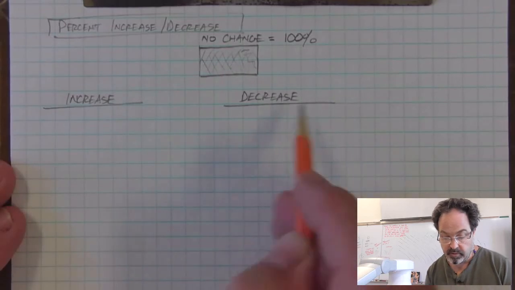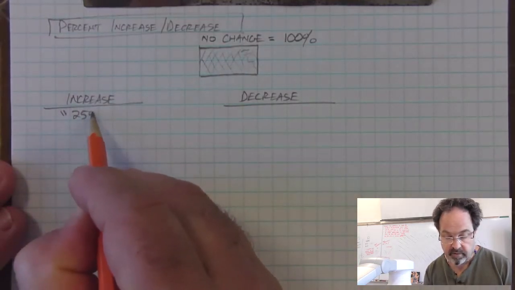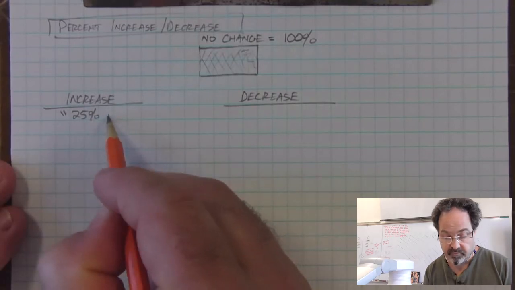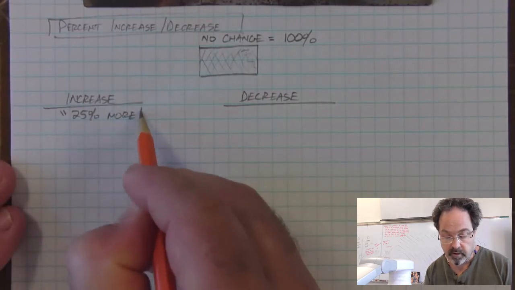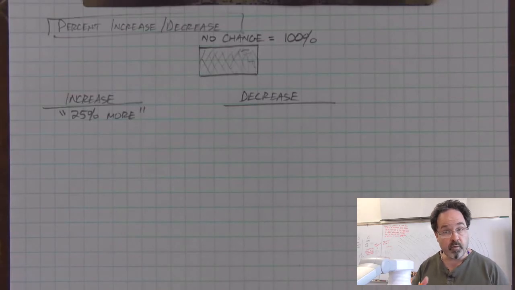Very often we can describe an increase, in this case, as "25% more." I put it in quotes because we could use language to communicate an increase like 25% more. So this would be 25% in addition to what we started with.